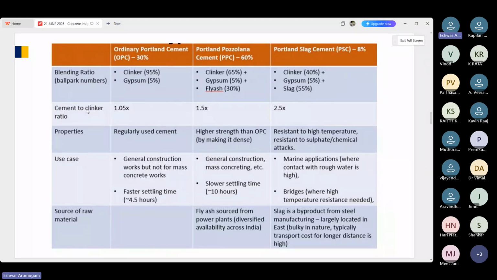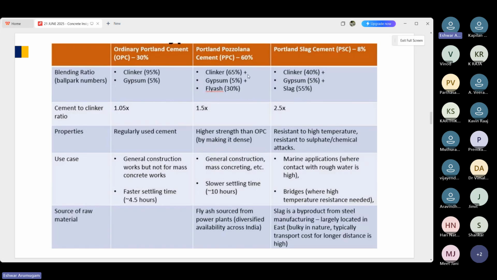Since the burning of clinker is very carbon emitting, cement companies tend to prefer PPC and PSC in order to bring their carbon emissions down. As your cement to clinker ratio increases, the proportion of clinker you use in the cement decreases, and your carbon emission decreases.